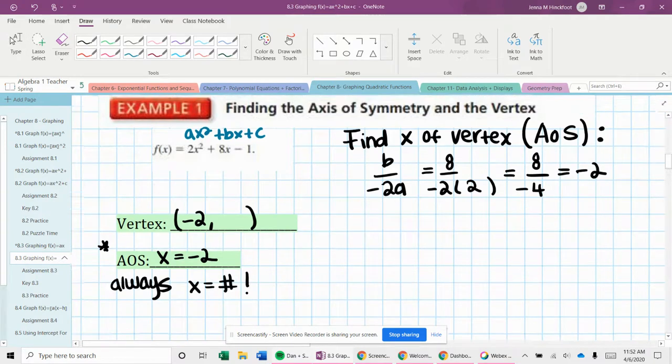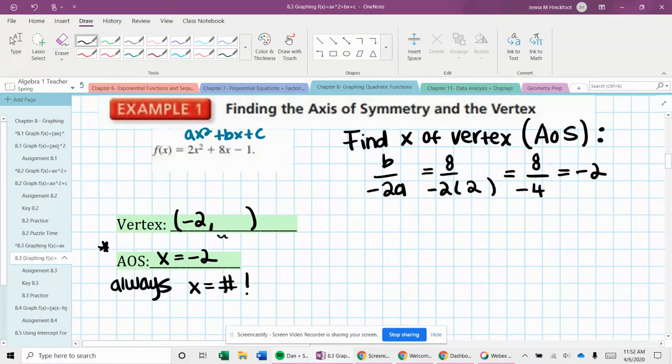Okay, so now the last thing I'm going to do is find your y. So the way you do that, find y of your vertex. We're just plugging it back in, right? Remember, f of x is just another name for y. So we're going to plug in our x of negative 2 into all of the x's you see in the original function.